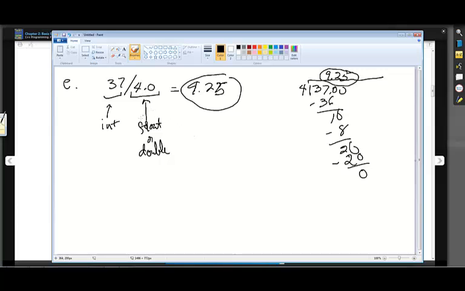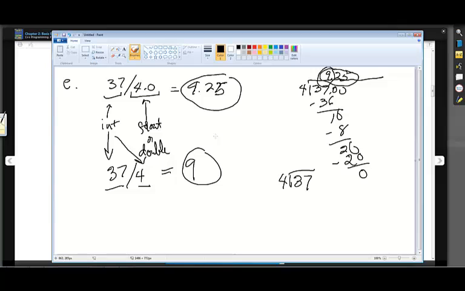Now, let me give you another point of view. What if I have 37 divided by 4, where both of these are ints? If both are int, I will have an int as an answer. So it's the same thing as dividing 4 into 37, but I will only take the 9 and drop off the 0.25.